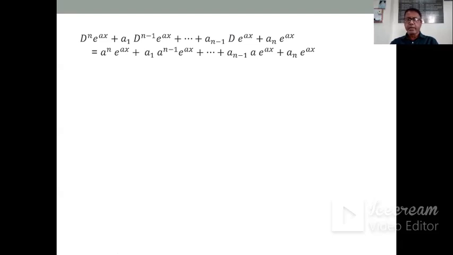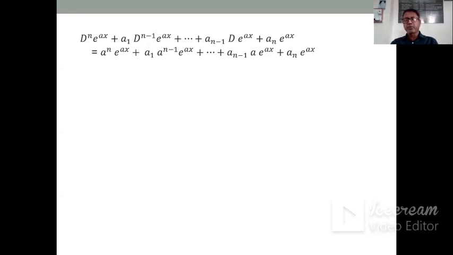If you do not understand in this way, then you start from f of D operating on e to the power ax. This is equal to, writing in the bracket, what is f of D?